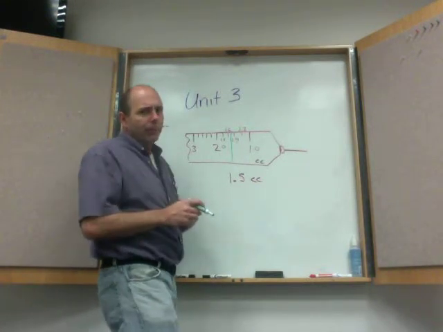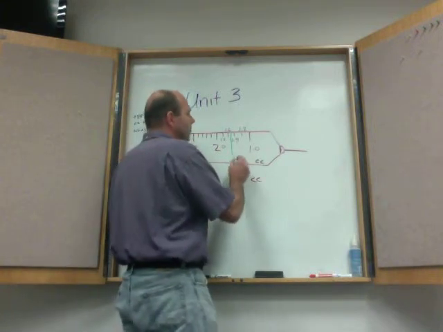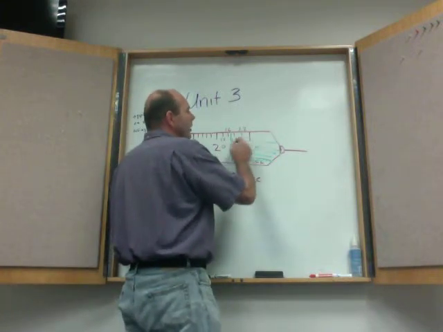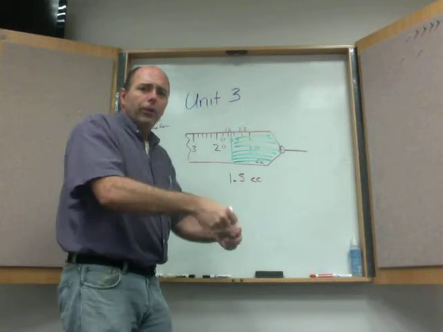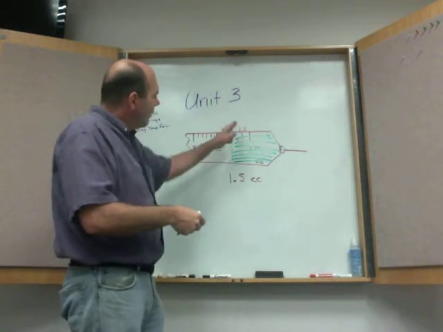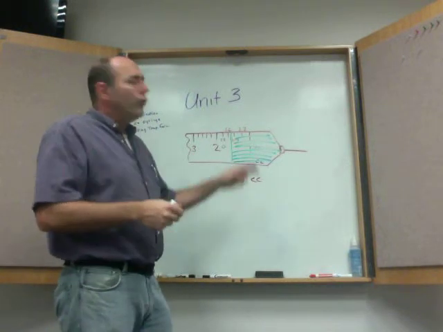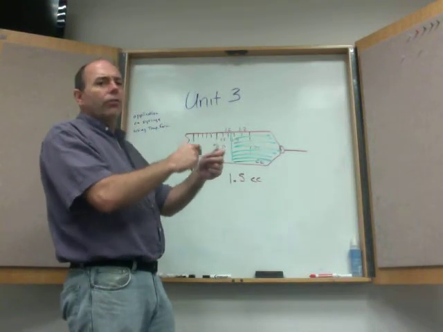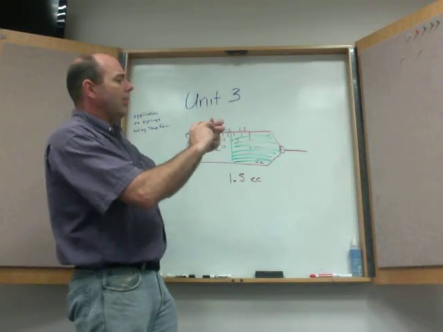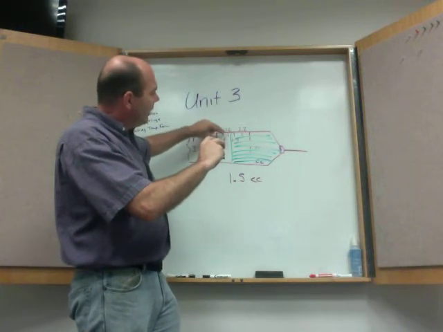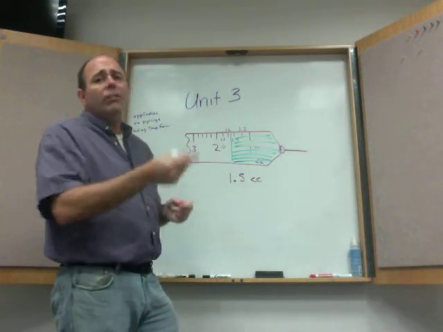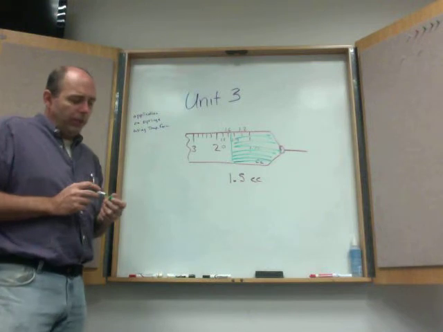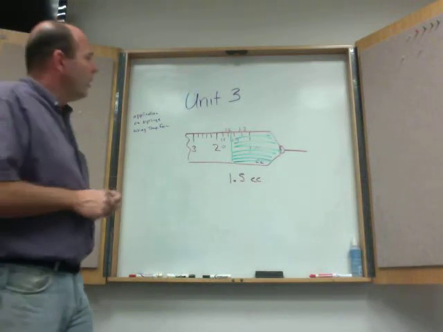Like I said, you don't want me for your doctor. But you would fill up the syringe from the bottle and pull that up until it came to this line. Usually what they do is they pull it up beyond that line, make sure the air is all up at the top, and then squeeze it out and push it until you get to where you want it. You waste a little bit, but that's okay. It's better than giving too much or too little to the patient.